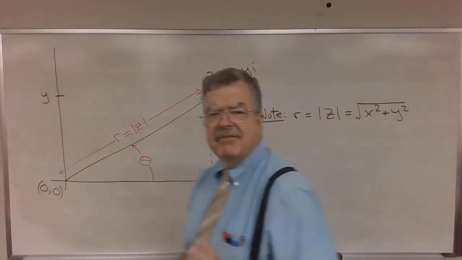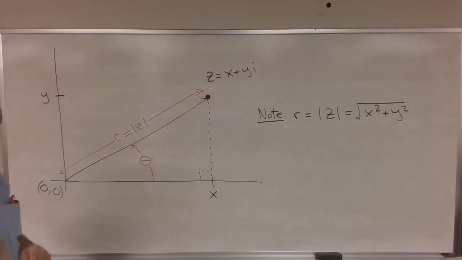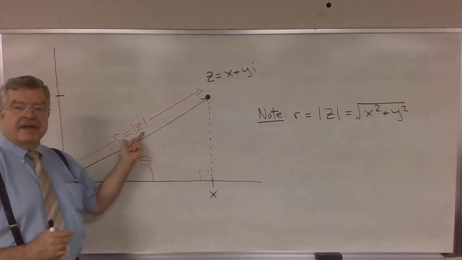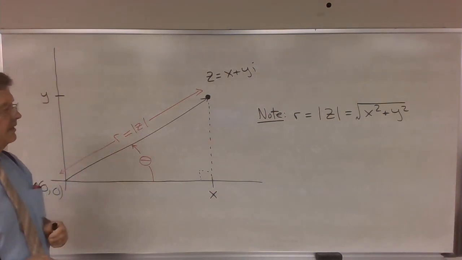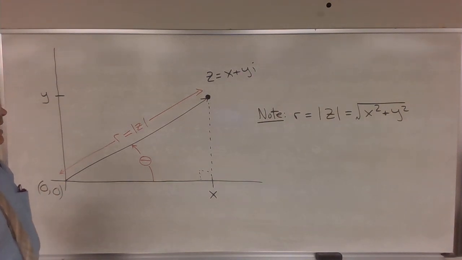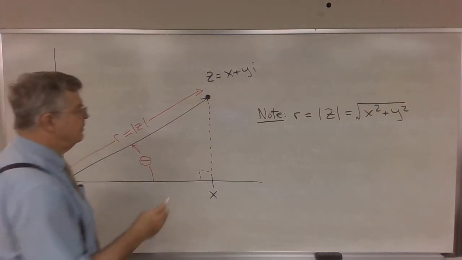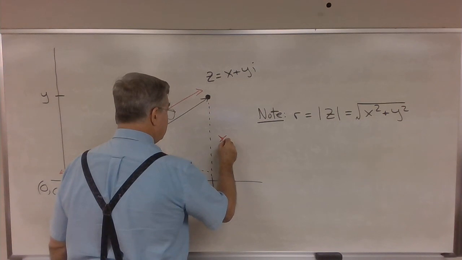Okay, I guess I haven't changed this diagram too much. The first observation is that r is the modulus of z. And I guess we should tie Pythagorean's theorem in with this. Here is x.